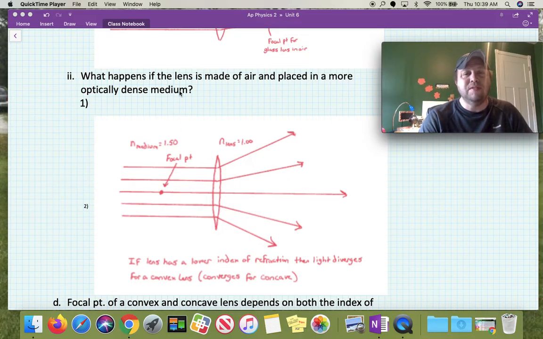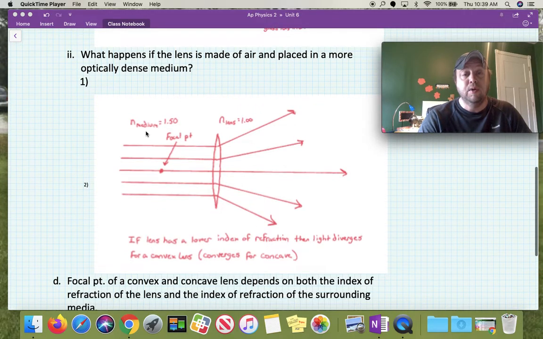This is what happens when we place the air in a more optically dense medium. So notice that we have a medium with index of refraction of 1.5 and the lens is now 1.0. Now the focal point comes back here.